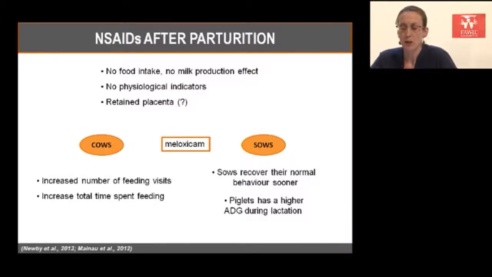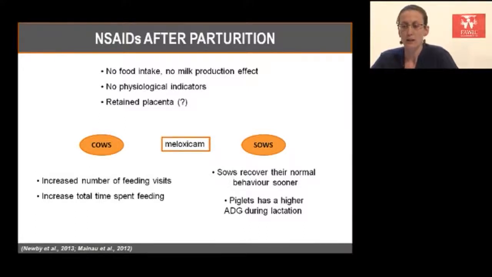And more specifically, here we have a study in cows from New Zealand that demonstrated that the administration of meloxicam increased the number of feeding visits and also increased the total time spent feeding.